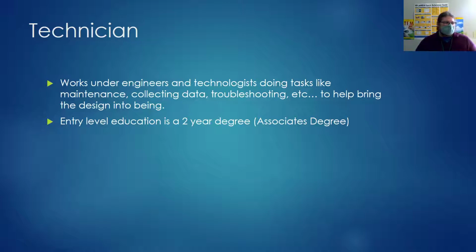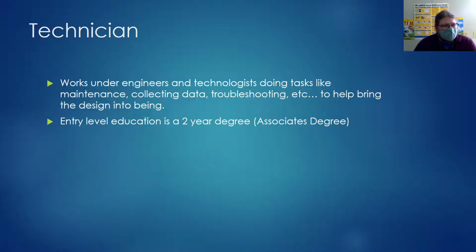Like if the technologist, say for this robotic arm thing that we're talking about, determines it needs to be wired up a certain way, the technologist will tell the technicians, hey, you guys need to run wires this way for this piece of equipment, and they'll wire it up according to the technologist's order, and they'll build the design according to what the engineer specified.